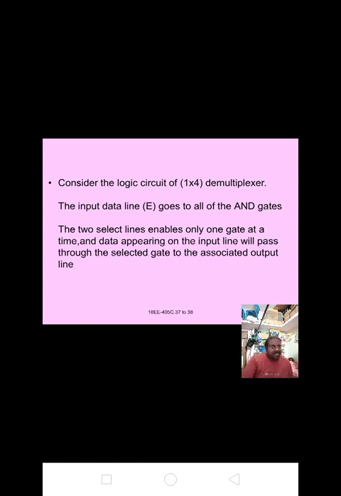Applications of demultiplexers. Demultiplexers are used to connect a single source line to multiple destination lines. Following are some of the applications of demultiplexer. First, digital and analog communication systems.